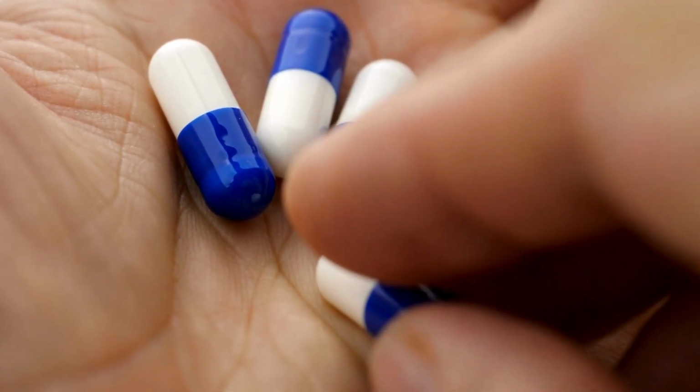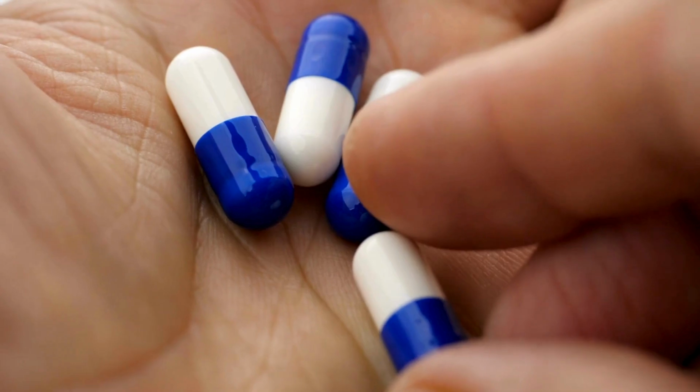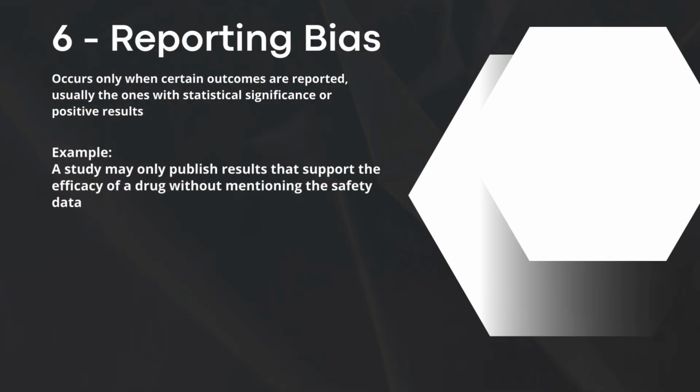Of course, this is a biased reporting. Another important consideration in reporting bias is the selective reporting of the subgroup analysis. Often, only favorable subgroup analyses are reported, while those that show no effect or harm are omitted. And this leads to incomplete understanding of the intervention's effects.